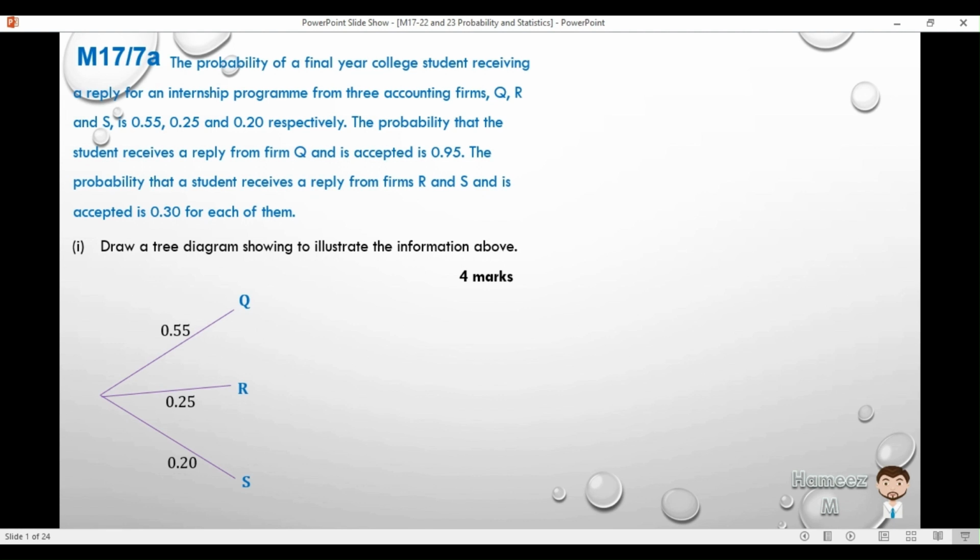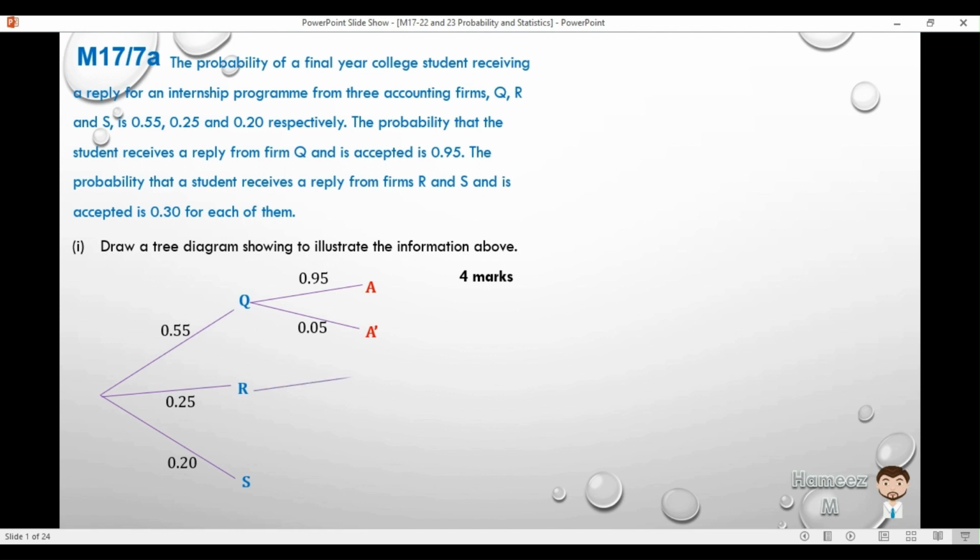Now what happens at Q? Two options occur. Either he is accepted, and we will indicate that by an A, and there's a possibility of a 95% acceptance, 0.95, or he is not accepted, so we'll indicate that as A prime. And of course, it will give us a 5% probability, because at Q, there are only two possibilities, and that total will be 100% again, so 95% plus 5%.